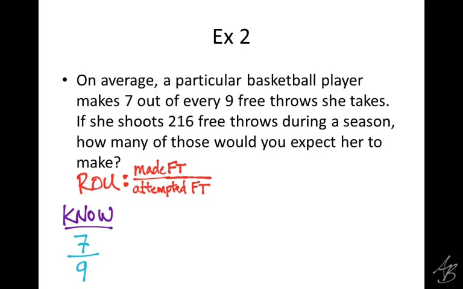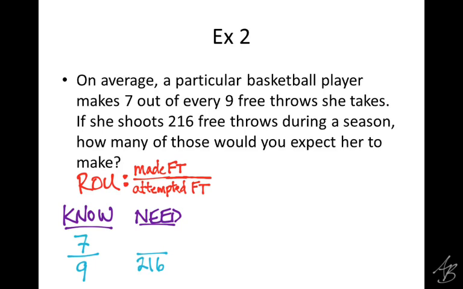All right, then the other part, something that we're going to need is going to be in this ratio. And we know one part of this ratio. What do we know? The 216. Is that going to be 216 made or 216 attempted? Attempted, right? So it says if she shoots 216 free throws, that's just how many she's trying to take. So that's going to be attempted, which goes where? Top or bottom? Bottom. All right.